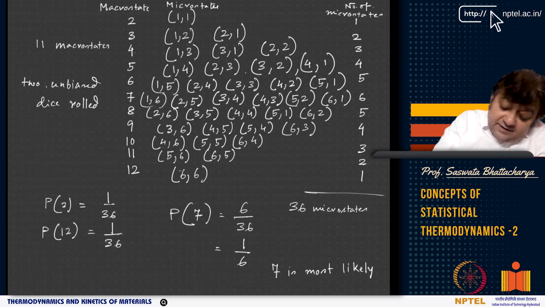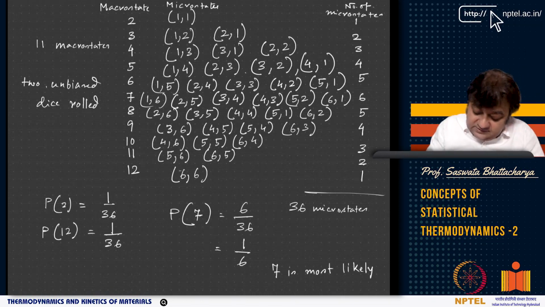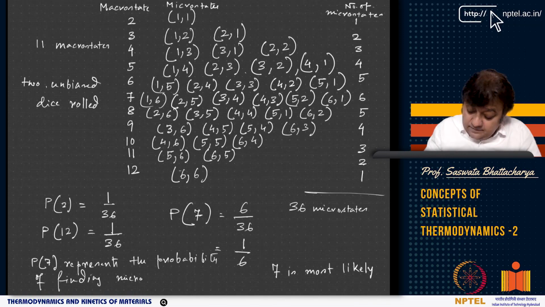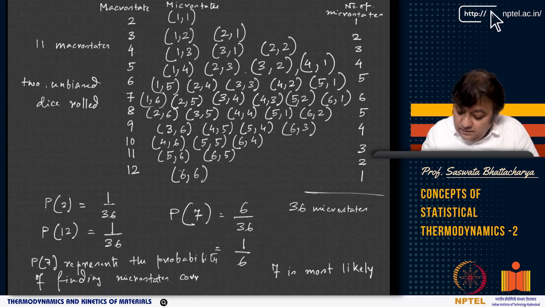I can write this as P7, which represents the probability of finding microstates corresponding to macrostate 7.